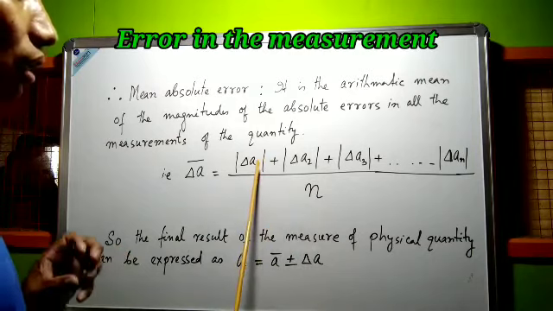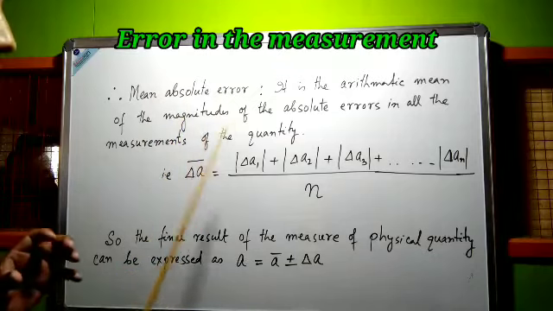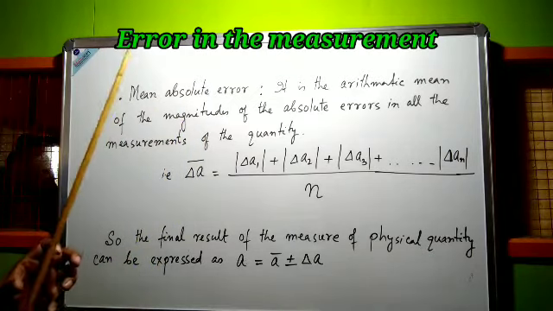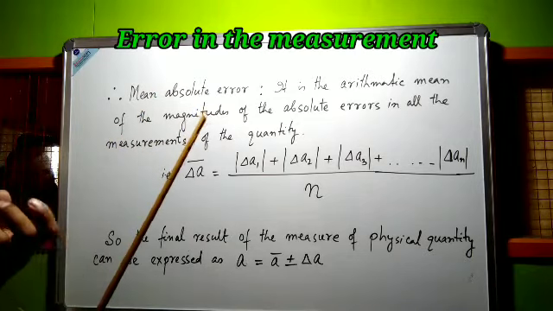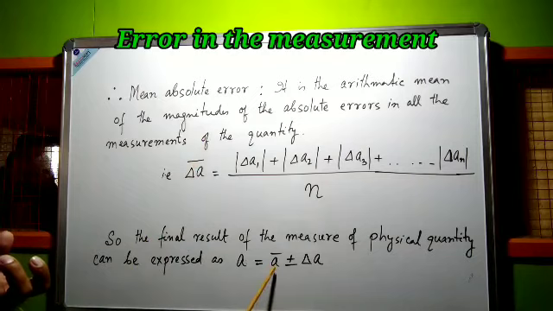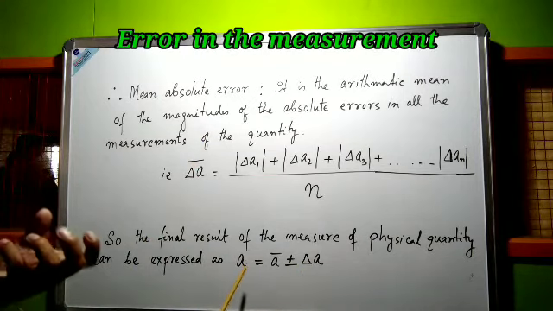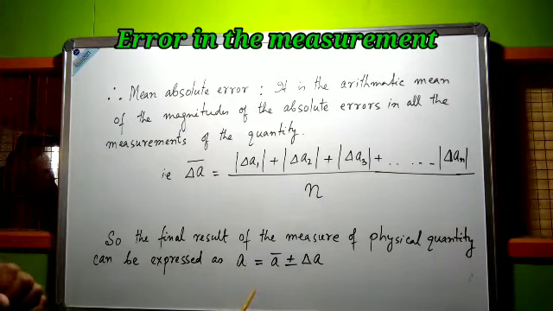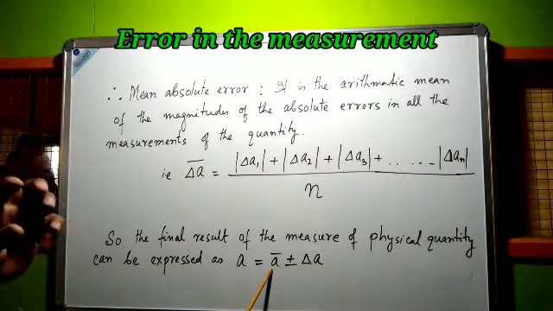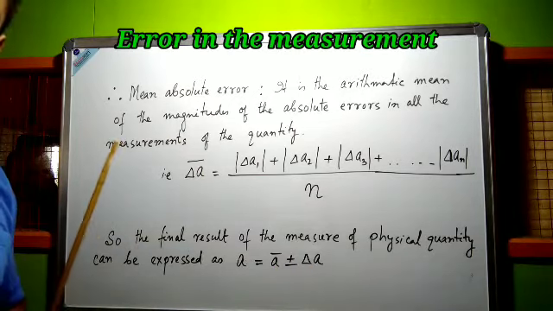Since it is the arithmetic mean of the absolute errors, it is called the mean absolute error. Lastly we have to write the value of the physical quantity as a bar plus minus delta a. That is, the final value of the physical quantity is the true value, that is the mean value of the measured values a bar, plus or minus the mean absolute error.